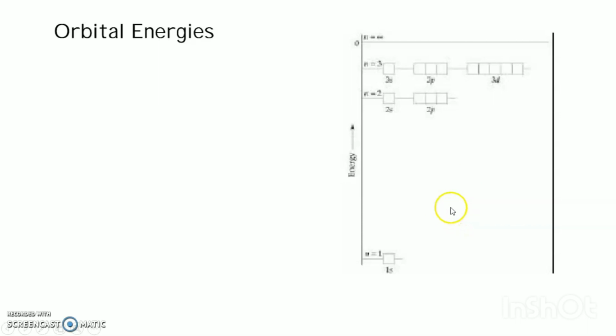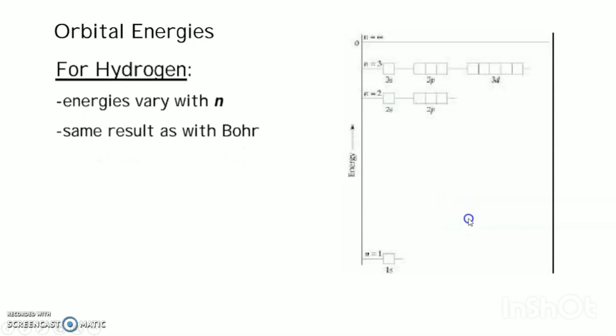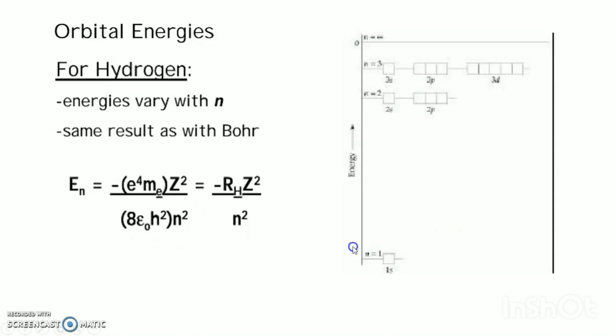This is a diagram of orbital energies. For hydrogen, energies vary with n, the same result as with Bohr. En is equal to minus e to the power 4 m e z square divided by 8 epsilon 0 square h square n square, where epsilon 0 is the absolute permittivity, which equals minus Rh z square divided by n square.